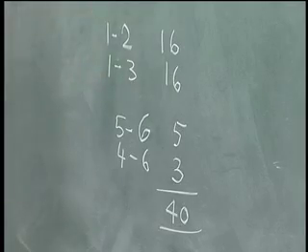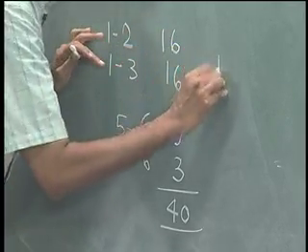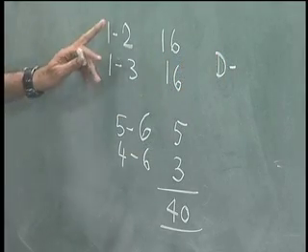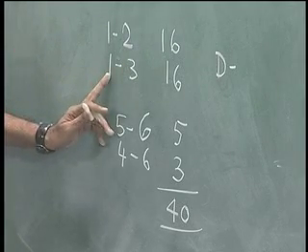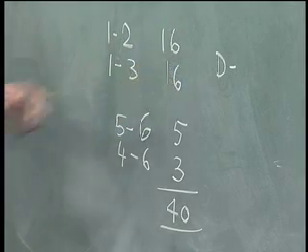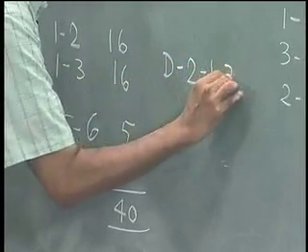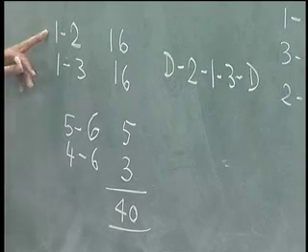Now, what is the solution? This 1 2 gives us a saving of 16. So, we start from the depot, go from the depot to 1 and then to 2, and back to the depot. This is depot to 1, 1 to 3 and back to depot. So, the solution will be D 2 1 3 D for this.